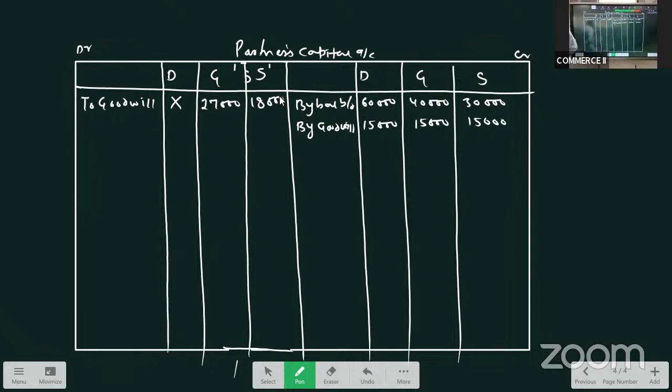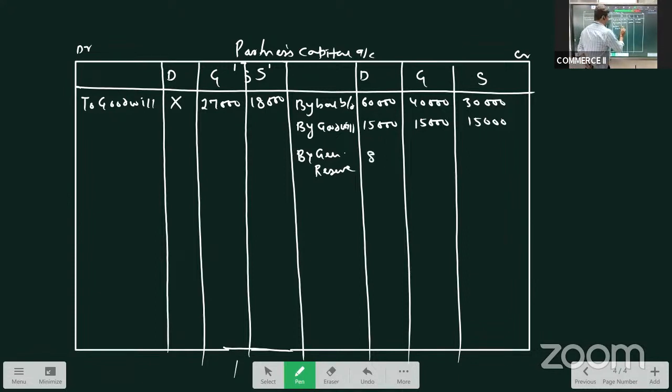Then accumulated profits. General reserve is given as 24,000. That 24,000 is to be distributed in old profit sharing ratio, which is equal. They were sharing profit and losses equally.